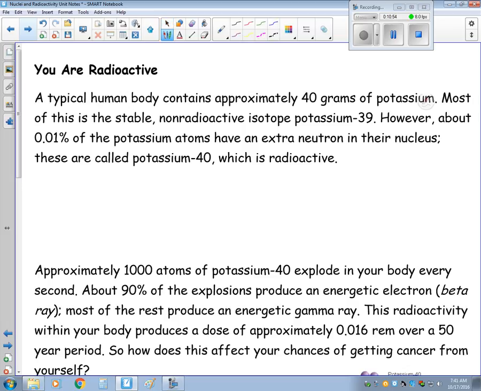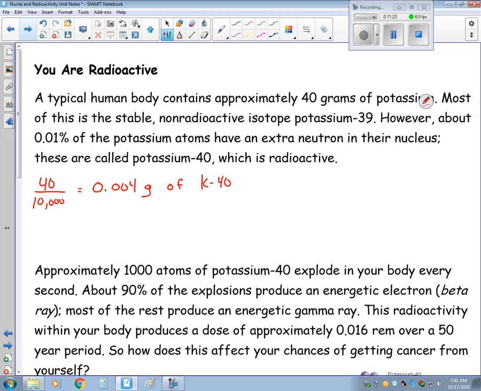So if we think about it, it's 0.01%. So that's 40 divided by 10,000. This potassium-40 is radioactive.